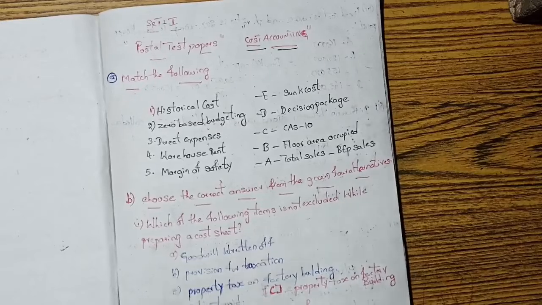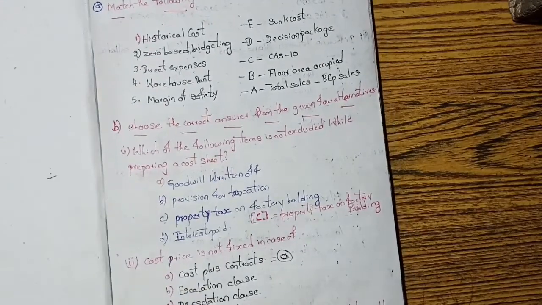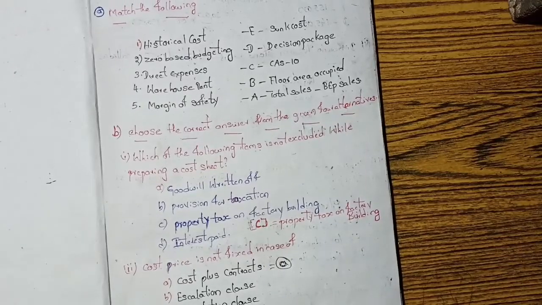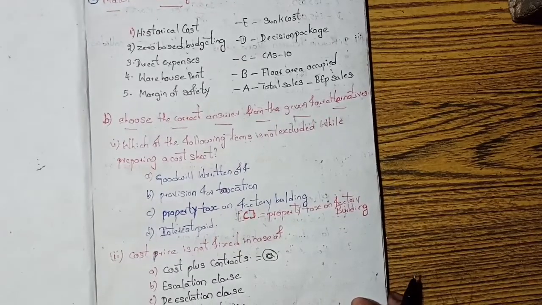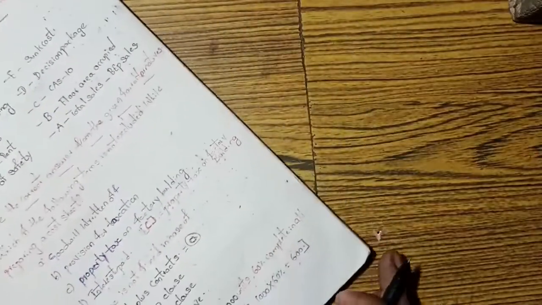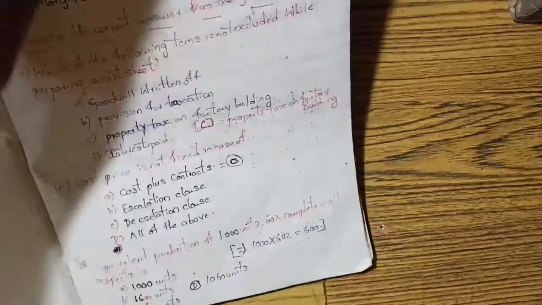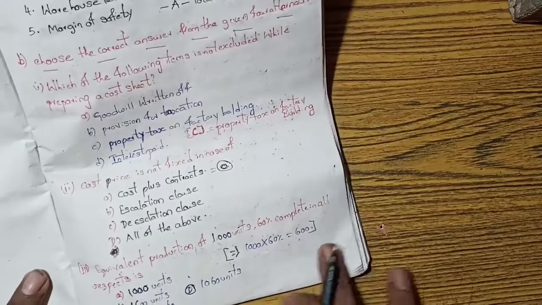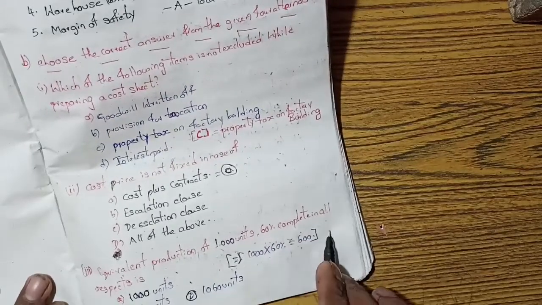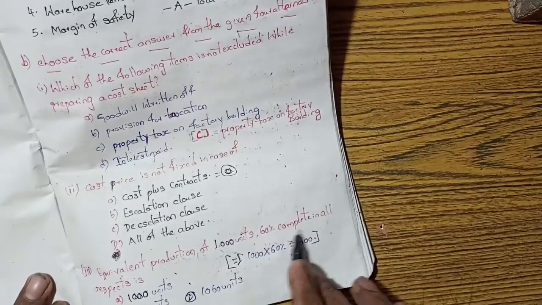Equivalent production. Number three, choose the correct answer. Equivalent production of 1000 units, 60% are completed.